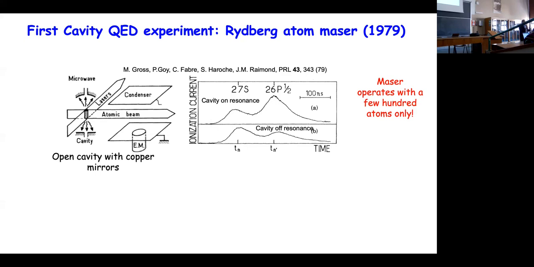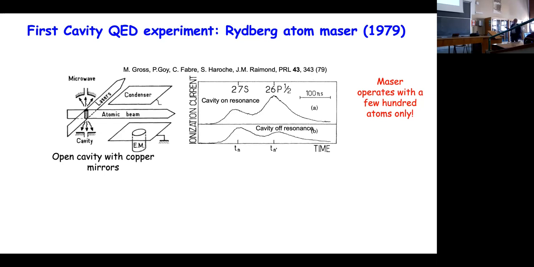In that case, even without applying a field, the atoms were going from 27s to 26p. This was a maser. In fact, if the atom is excited and enters a cavity which has the right resonant condition, it will emit photons in the cavity. And you see the maser effect here.